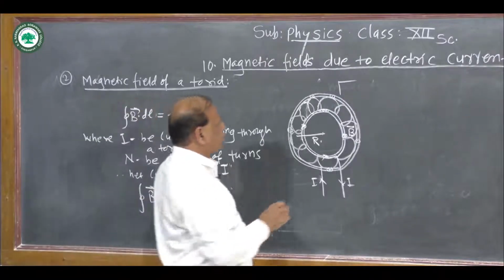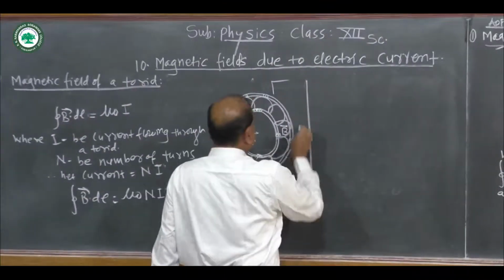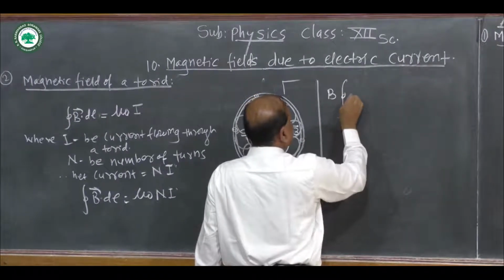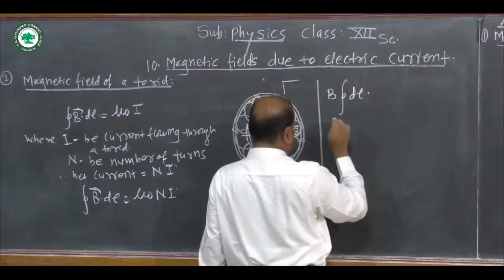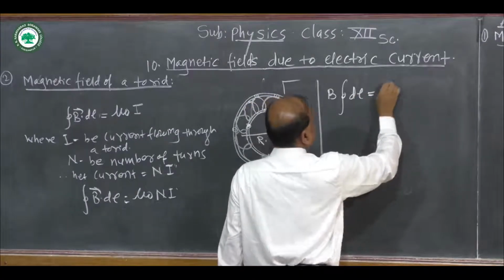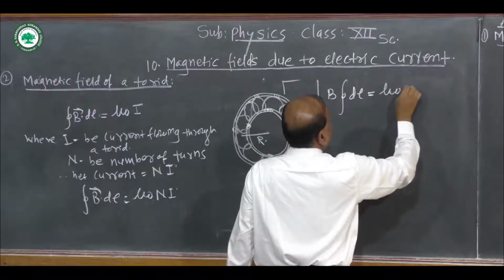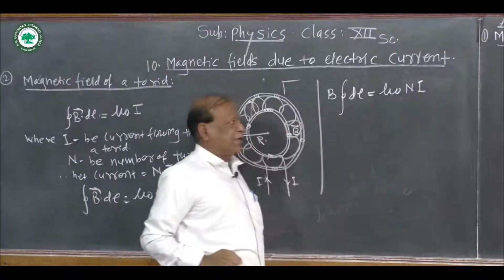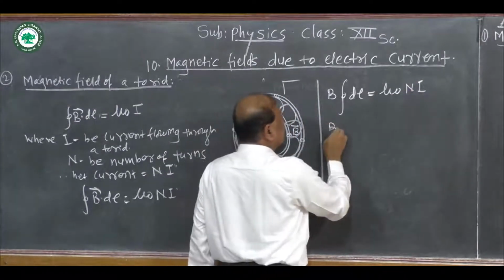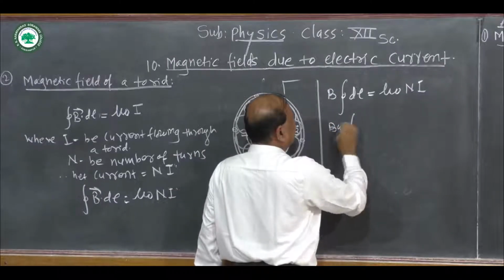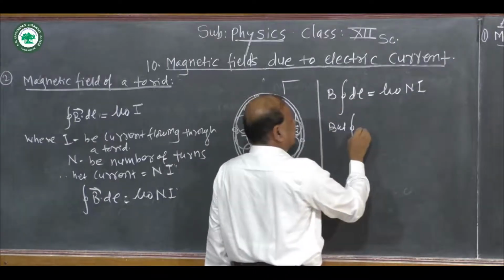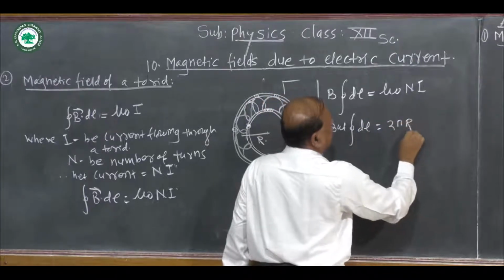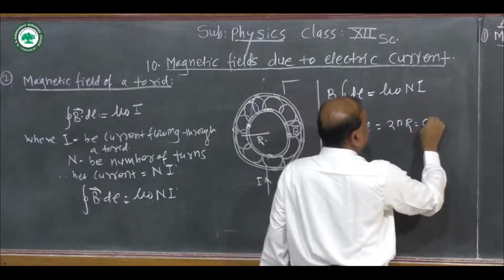Now modify that equation: B times the closed line integral of dl is equal to mu 0 times Ni, the net current.